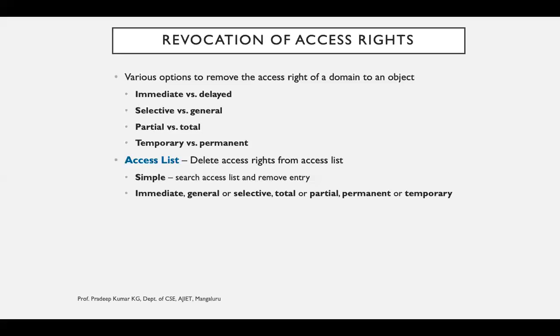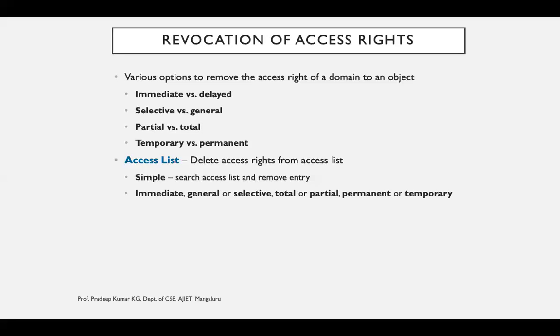Then is partial. Some part of the domain will access some part of the object. And total, complete. Consider a situation. You have a 10-page Microsoft document. Now for your friend, you are allowing only the first page to be read by your friend.